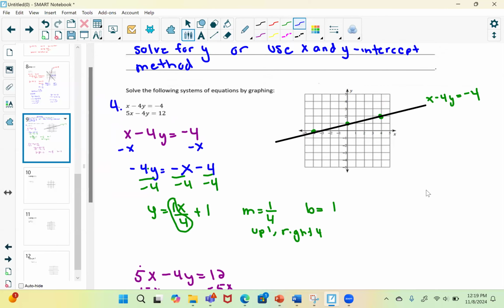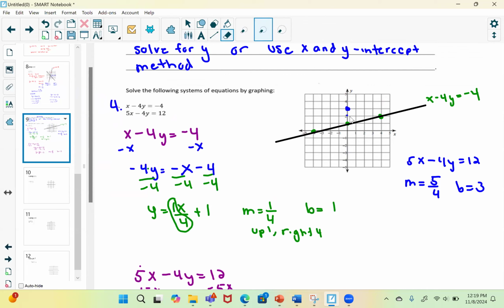We always start with the b, so I'm going to write them up here again. So m was 5 over 4, b was 3, and that was for this line, 5x minus 4y equals 12. Okay, so b is 3. I start at +3 on the y-axis. Okay, my slope should be up 5, top number, right 4, bottom number, but again, I have an issue.